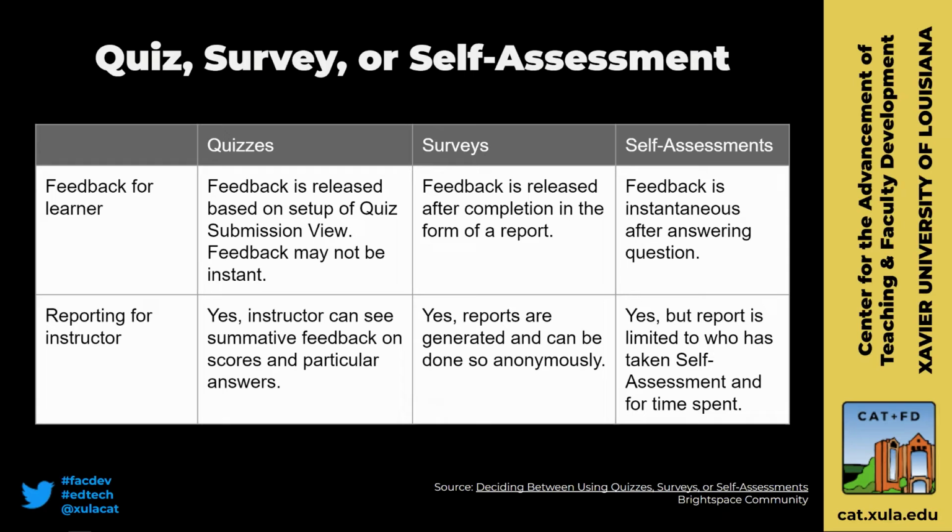So you can get that information. And then with the self-assessments, as we talked about, you can get reporting, but that is going to be limited to who has taken it. In other words, who has clicked on the link for it. And then some information about how much time they may have spent with that click tracking information.